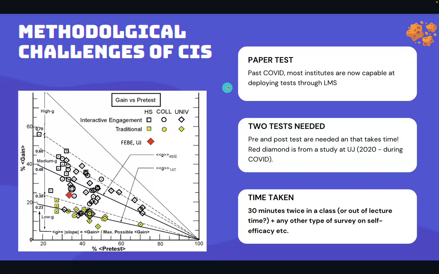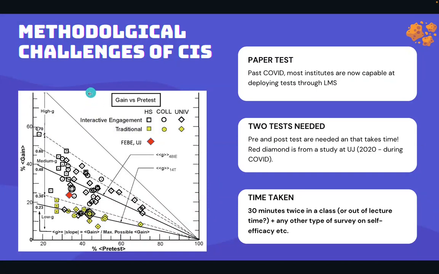So we had to switch from paper for the pre-test into LMS Moodle for the post-test. One of the issues, I think that's one of the biggest issues, is that you need pre and post-test, and that takes time. For example, a 12-week course before you can actually see the gains.